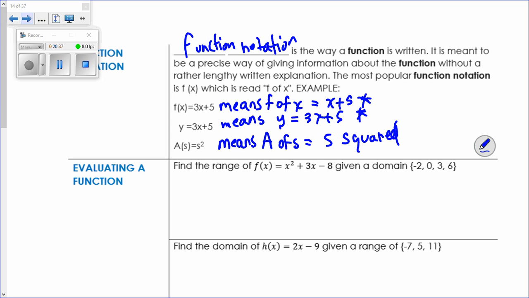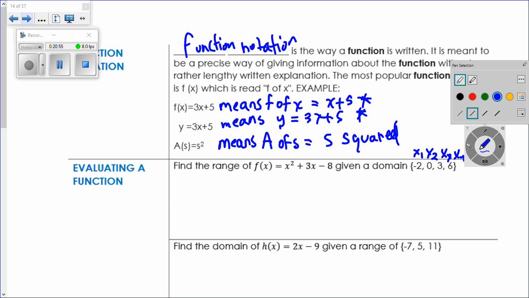Now we're going to use function notation to find the range of the function f of x equals x squared plus 3x minus 8, given these x values: x1, x2, x3, and x4. I numbered them so I can be cautious and careful.